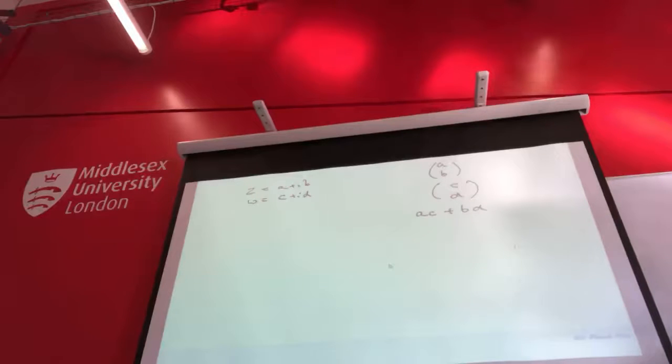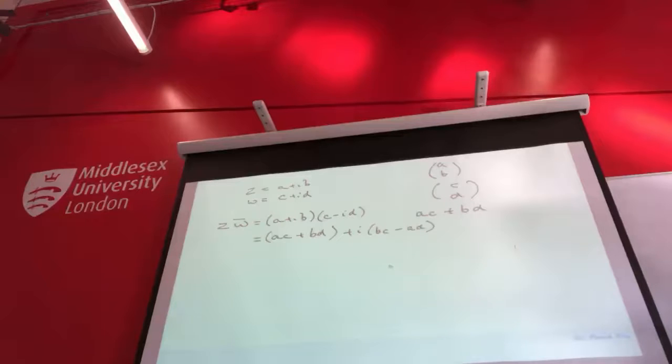Now, if you take Z times W conjugate, bear with me for a second, you get AC plus BD on the left there, plus I times (BC minus AD).